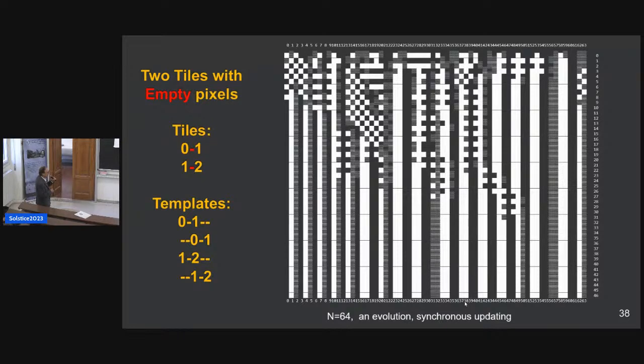We can use such empty pixels, for instance, 0, empty, 1, 1, empty, 2. So we have, let's say, two particles which are connected, but with a certain distance. And then there is an example for an evolution in the synchronous case.